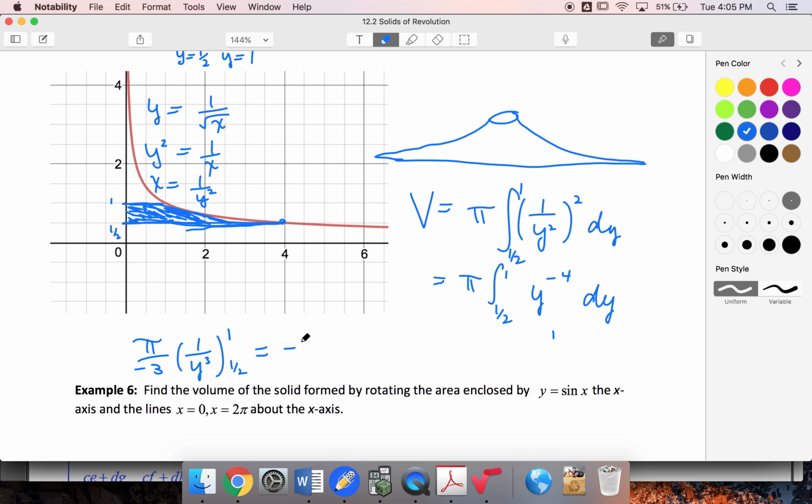All right, so negative pi over 3. I'll have 1 over 1 cubed is 1, minus 1 over a half cubed is 1/8. So 1 minus 8 is negative 7, times negative pi over 3 is going to be positive 7 pi thirds units cubed.